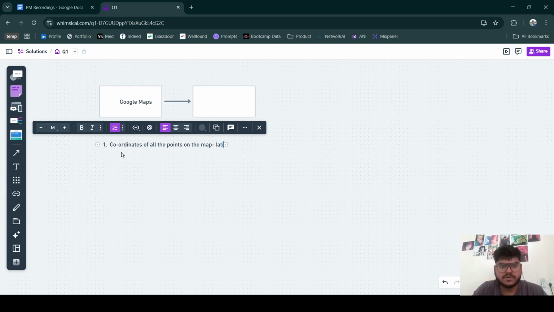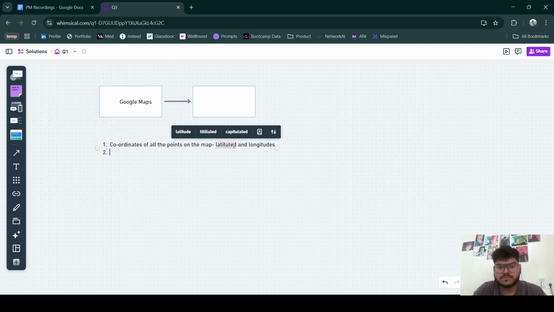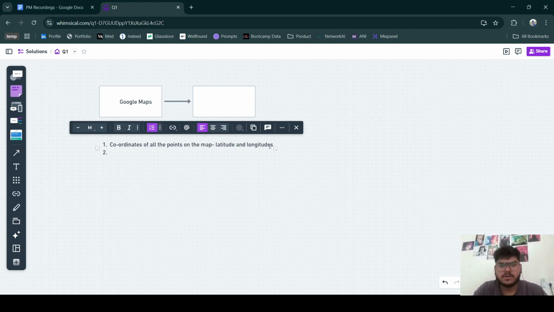Coordinates include latitude and longitude values, so it contains two data points. Each point on the map of India has a latitude and longitude associated, and the user can navigate to that point using Google Maps.